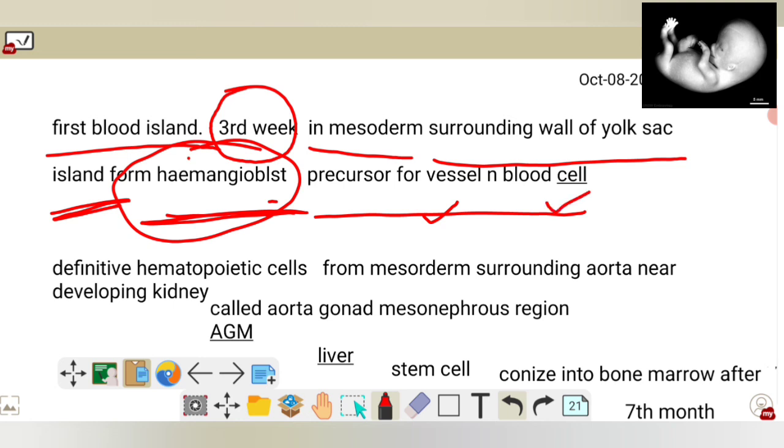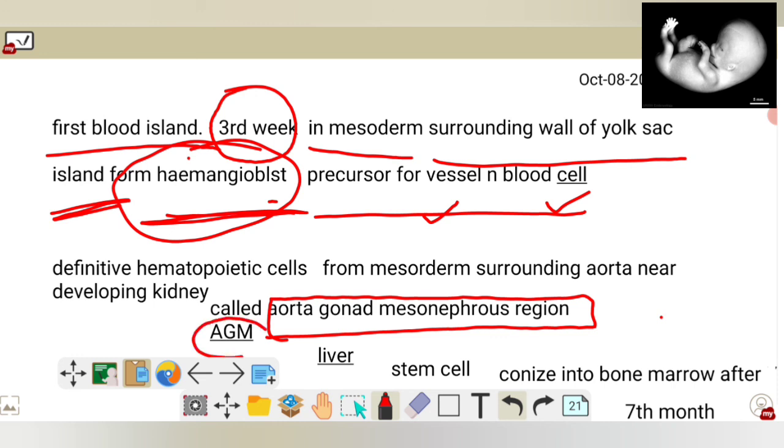Now definitive hematopoietic cells derive from the mesoderm which is near the aorta, and the aorta near the developing kidney, and this area is termed the aorta-gonad mesonephros region, that is the AGM, and these cells form vessels, and this area in future is converted into liver.